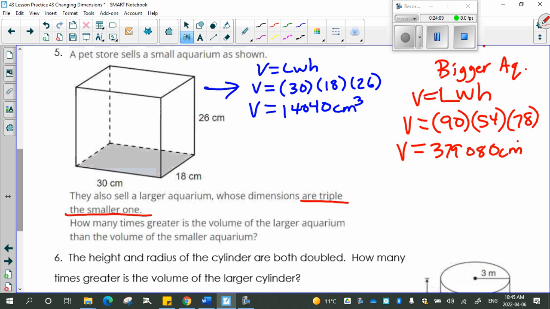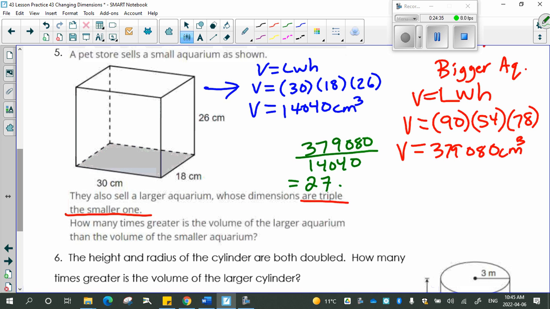379,080 cubic centimeters. And now I need to know how many times greater is the volume of the larger aquarium. So there's my divide step. So I need to divide this number by this number. And that'll give me how many times bigger it is. 27.